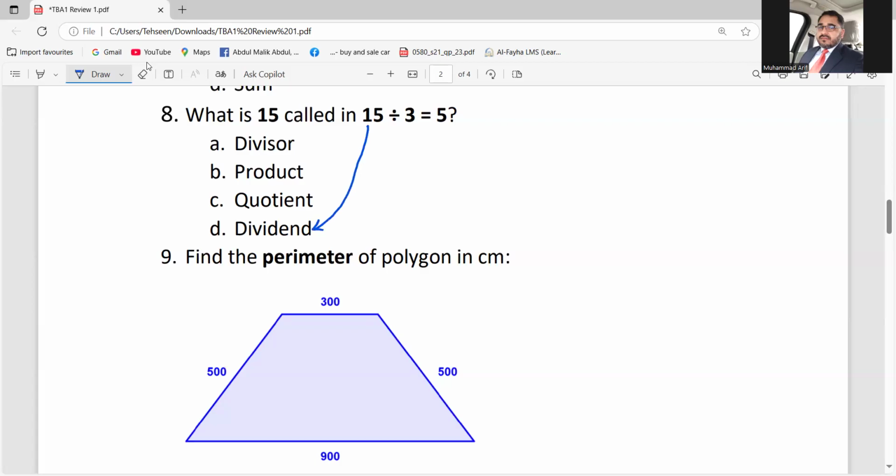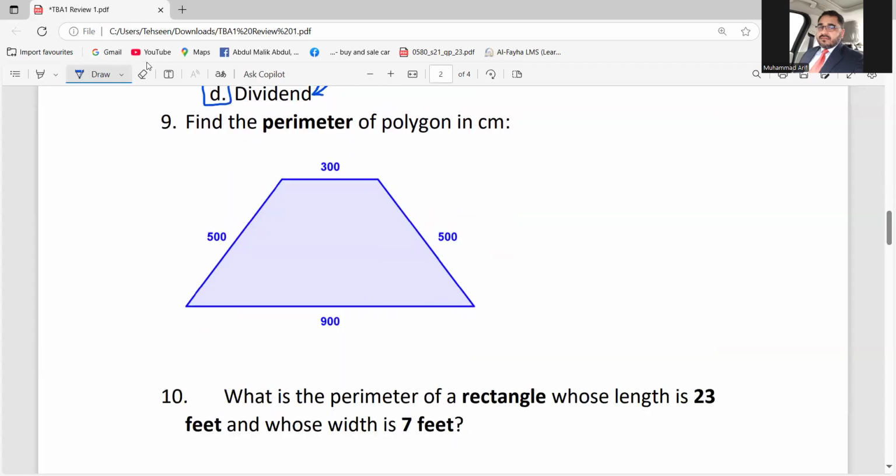The second number is called divisor. And the third one, after the equal sign, is called quotient. As here he's talking about 15, and 15 is the first number, that is dividend. Is D. D is the correct option here.